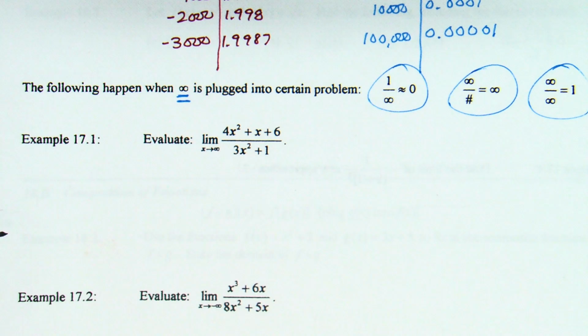I mean, you've got 4 times infinity squared plus infinity plus 6. Okay? It's kind of like infinity, but we need to be a little more specific than that, too. 3 times infinity squared plus 1. Again, it's infinity, but we're thinking not quite as big.